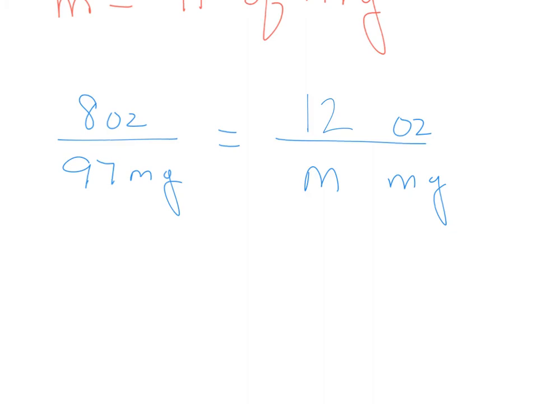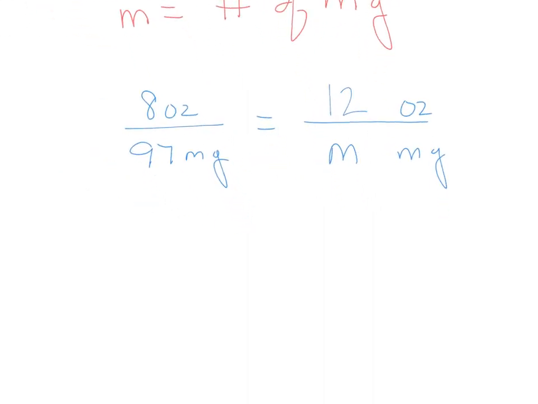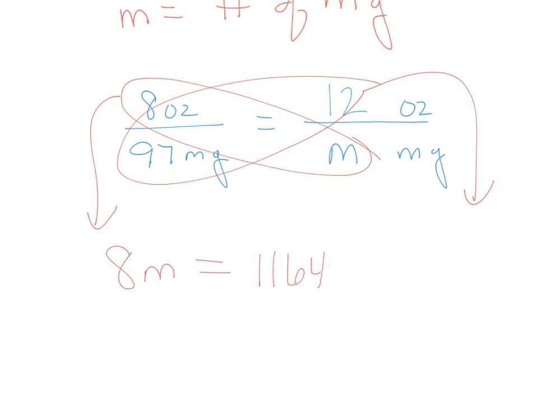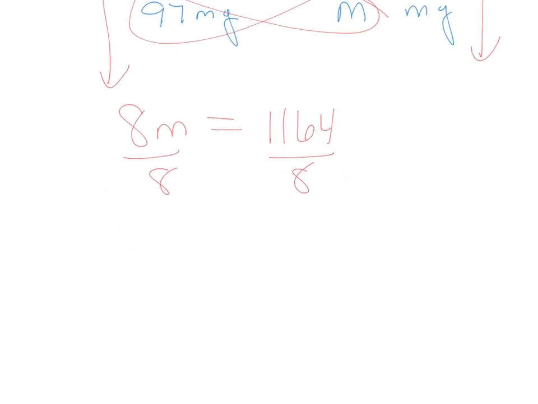All right, so now let's cross multiply. M times 8 is 8M equals 12 times 97. And 12 times 97 is 1164. All right, and then we're going to divide both sides by 8. Okay, and so when we do that, M equals 145.5.